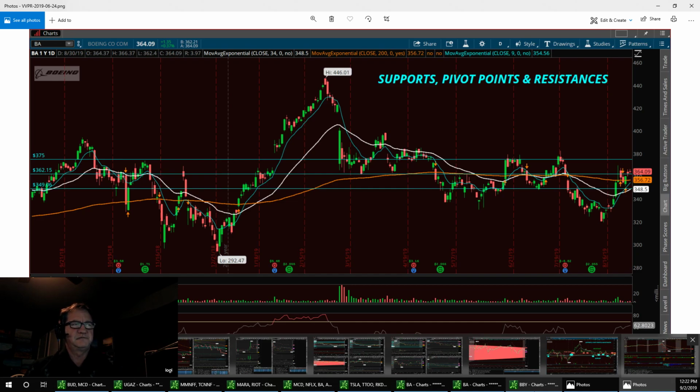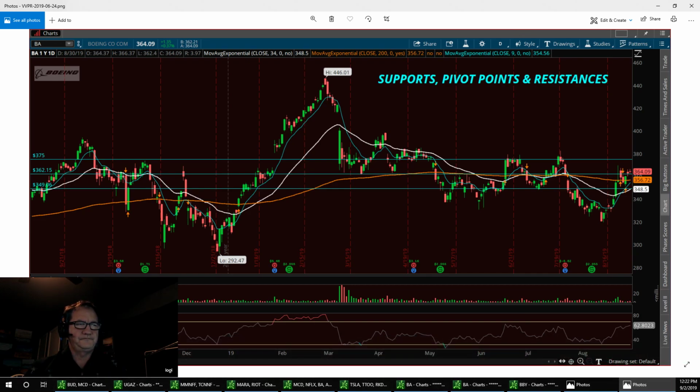YouTube does. But I'm excited to show you how to find these supports and resistances and pivot points. So we're going to give it a little bit more time.